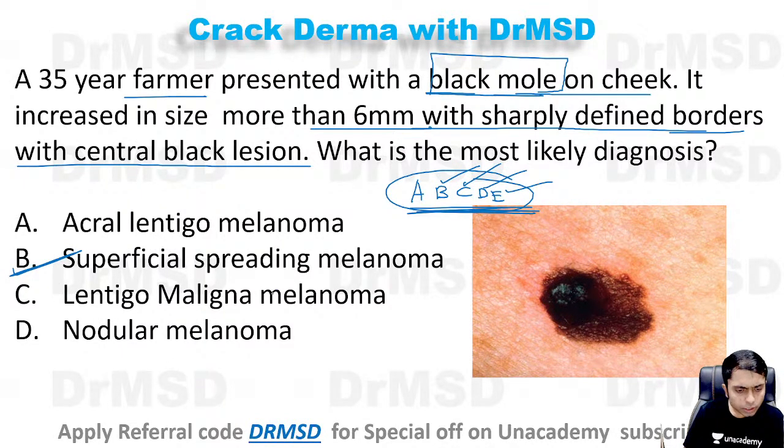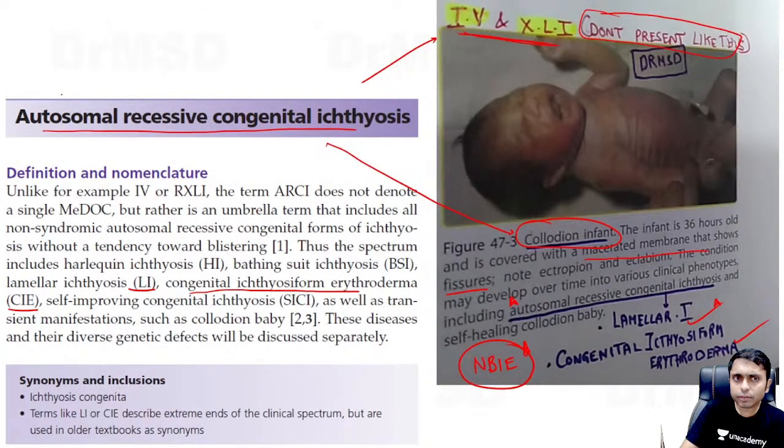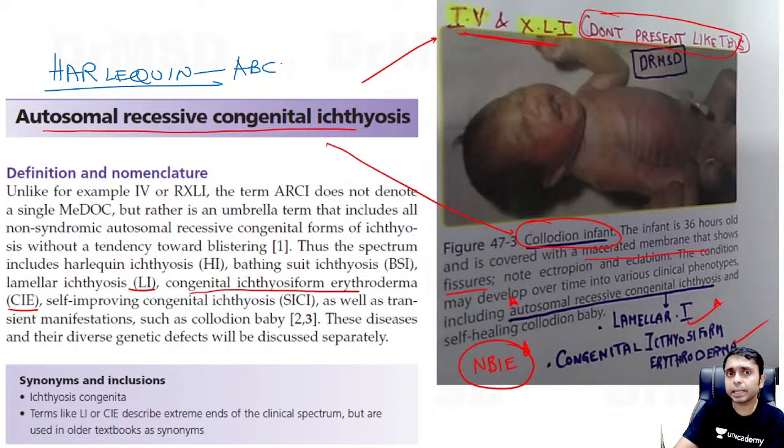So Sharadraj Pillai is asking what is a Harlequin baby. So Harlequin is a very, very severe type of ichthyosis, which is due to ABCA12 gene mutation.